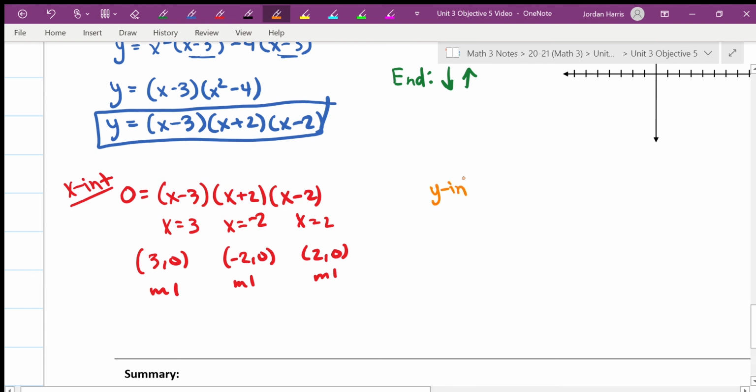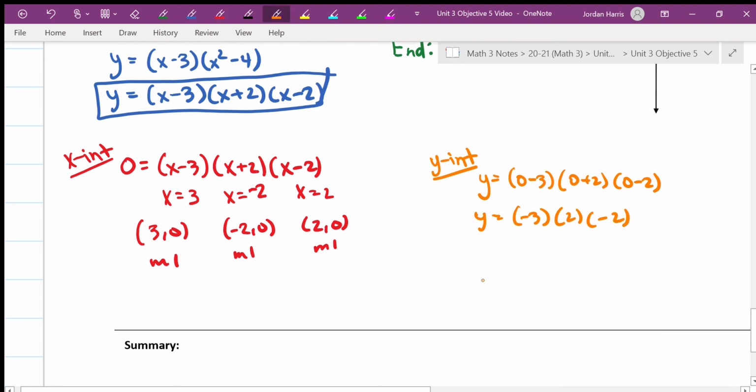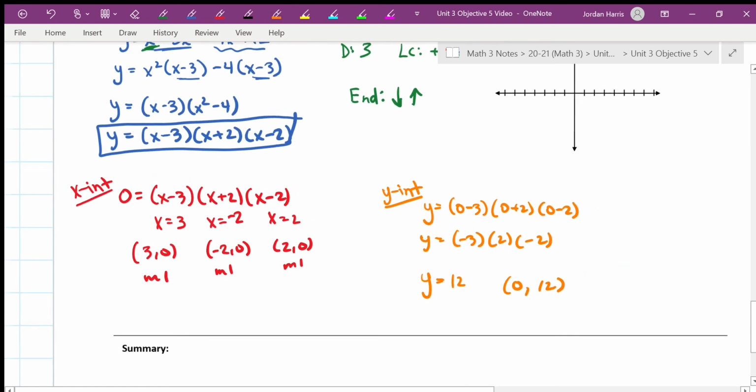Y-intercept, plug in 0 for x. Two negatives make a positive, so I end up with 3 times 2 is 6, times 2 is 12, so 0, 12 is my y-intercept.